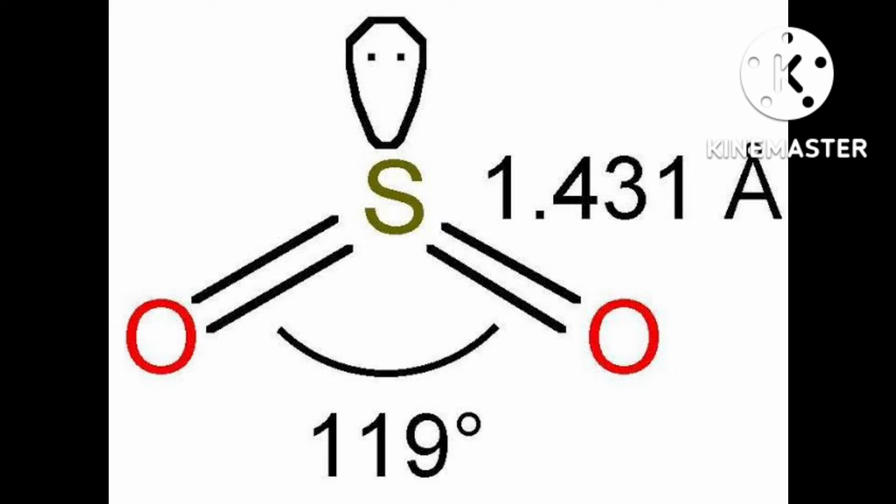Now I am telling you the explanation of why it is bent. Whatever examples I discuss today are all very, very important and difficult also. Why this structure, why this shape, I am going to tell you. Theoretically, the shape should have been triangular planar, but actually it is found to be bent or V-shaped.